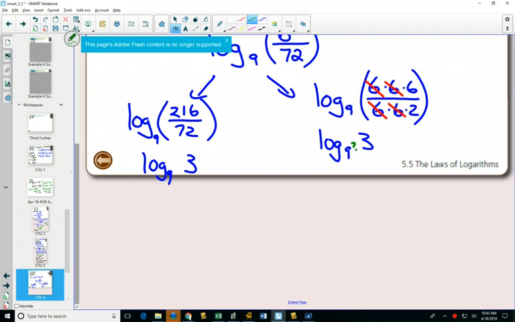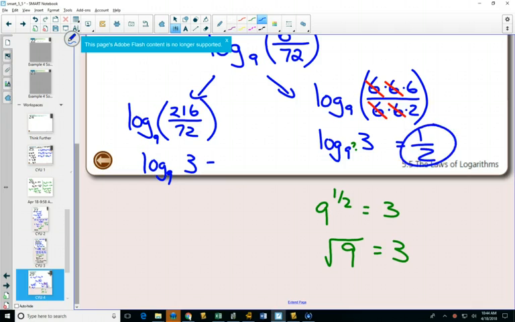It's a half. 9 to the half is equal to 3. Why is 9 to the half equal to 3? What's another way you write a half? Square root. The square root of 9 is equal to 3. And so the answer to this is just a half. Very cool.